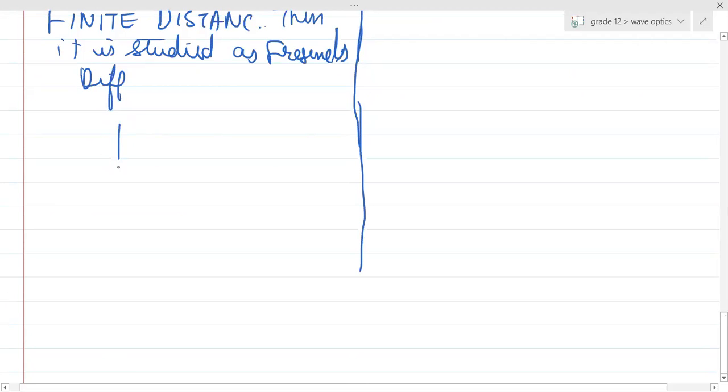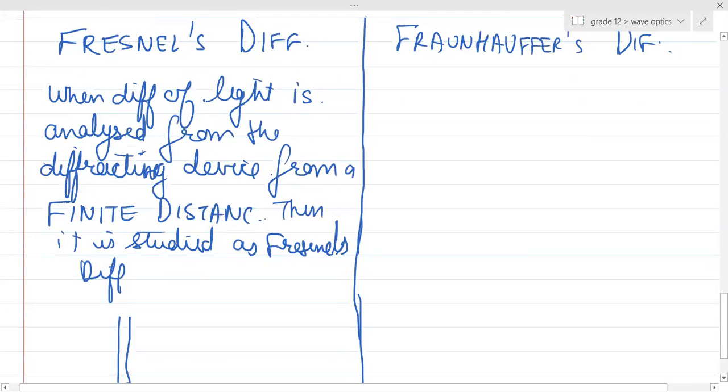For example, suppose this is our single slit.